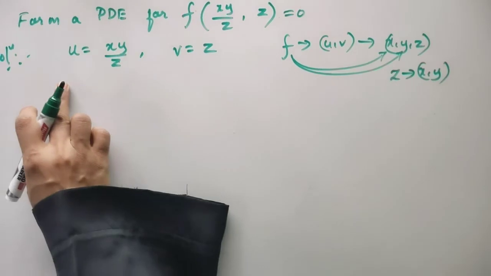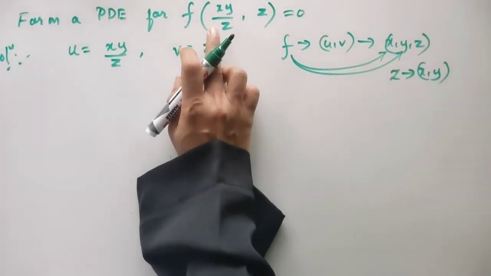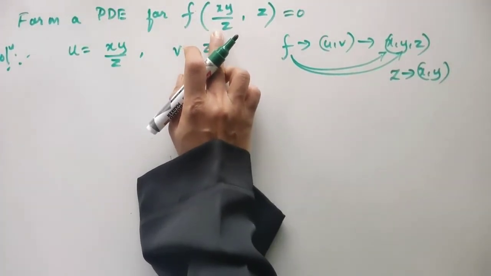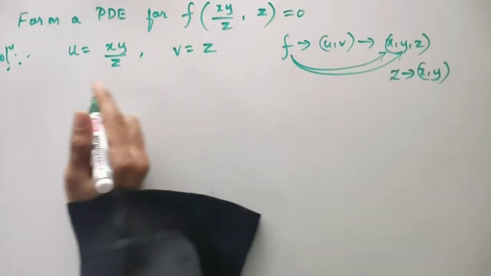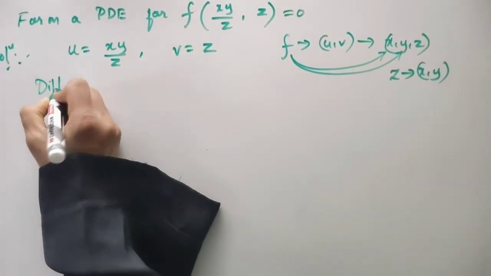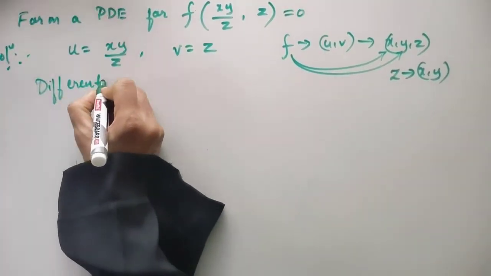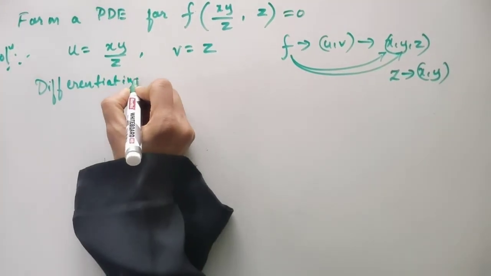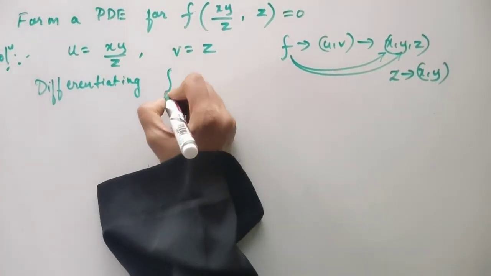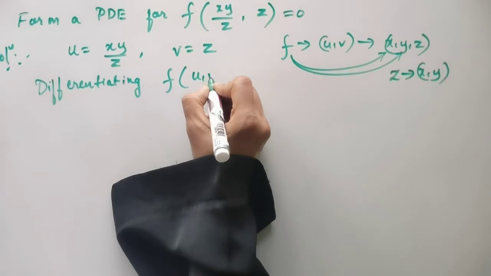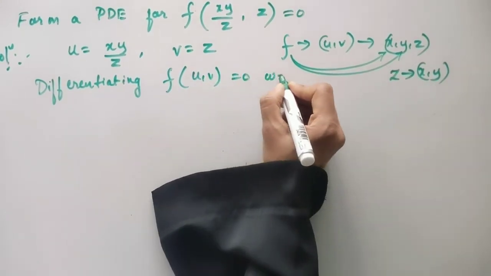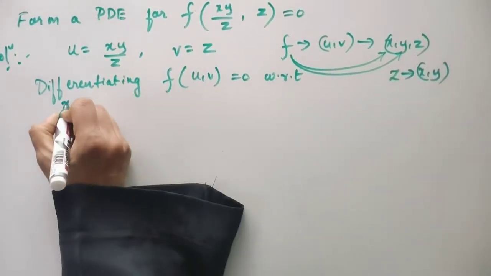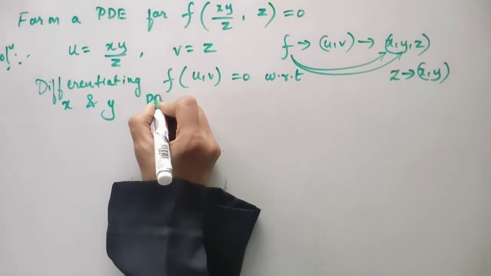Because of which dou z by dou x and dou z by dou y will appear. Okay, so now let us first differentiate the given equation with respect to x and y partially. Write down, differentiating f of u comma v is equal to 0 with respect to x and y partially.